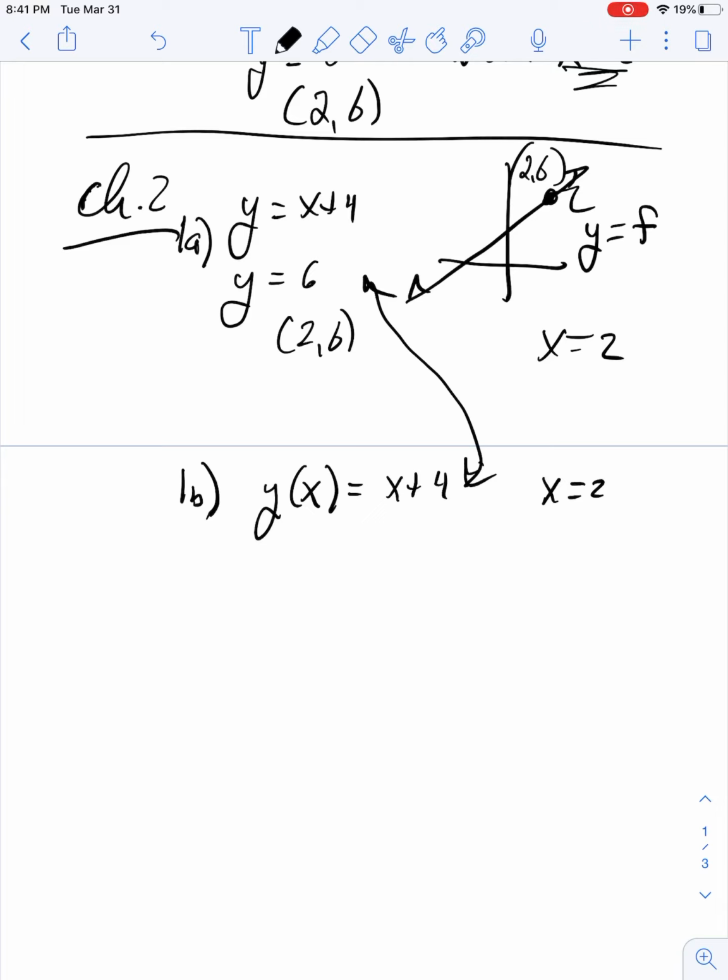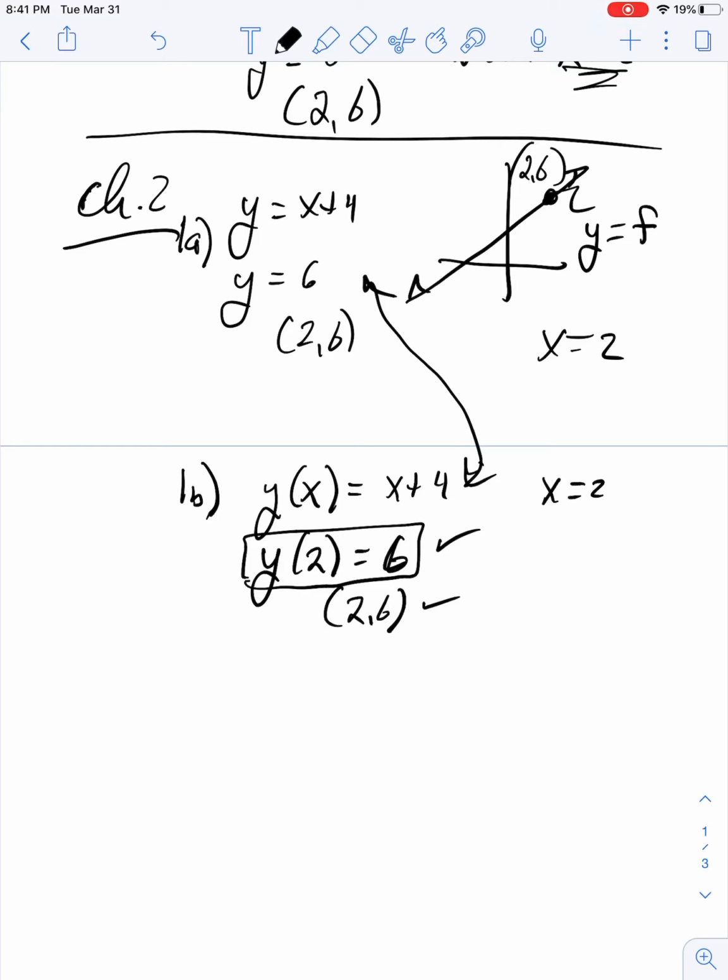And I said, yeah, just in terms of how you use your notation. So here you say y of 2 equals 6, which is 2 comma 6. And then they said, well, which one should I use? I said, either one. But I always say this is the preferred way, because that way you don't have to rewrite it. Here you can stop, but if you still want to write it out, you can do it like this.